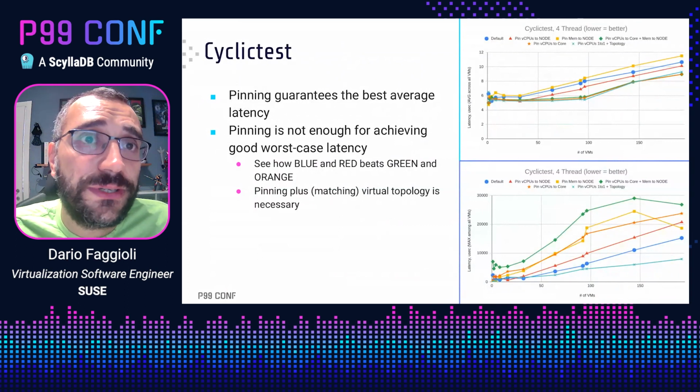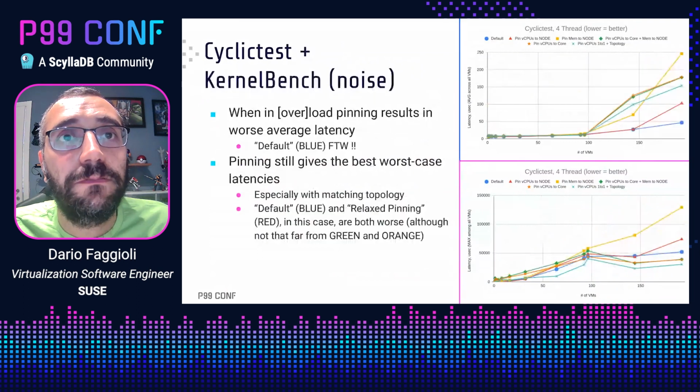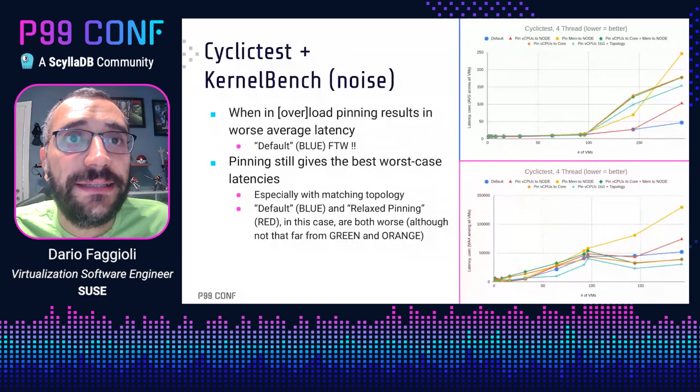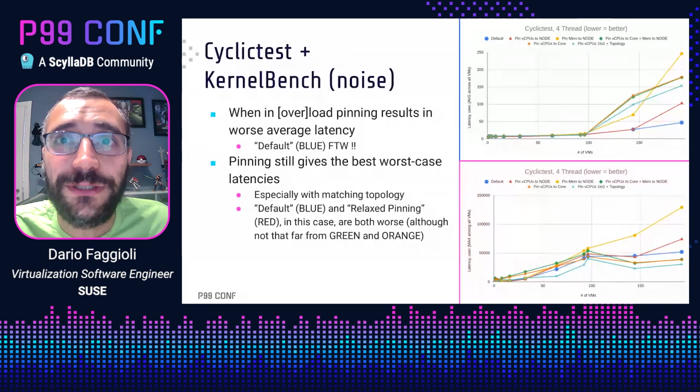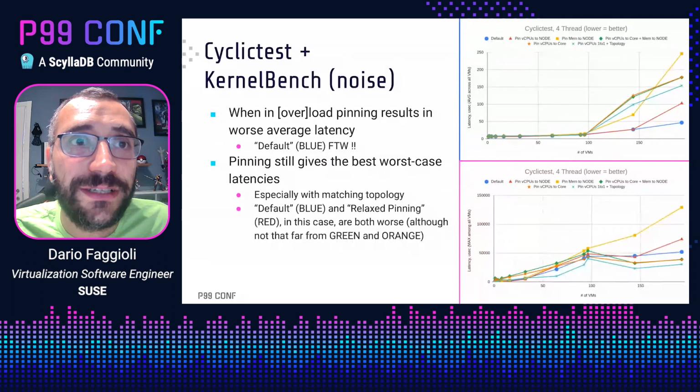And that was for cyclictest running alone in the VMs. What happens if we add background noise using kernbench also in each VM? Well, it seems that as soon as we reach overload, leaving the system be and not disturbing it with our tuning would be the way to go in terms of average latency, at least, which is weird and interesting.